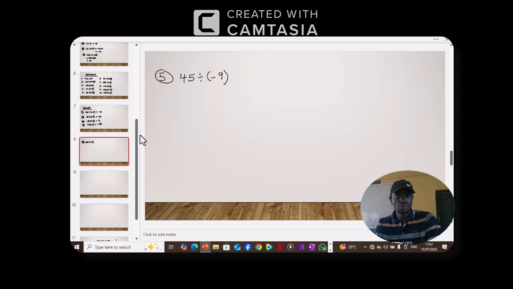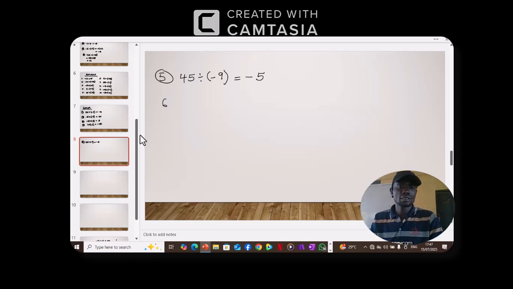Because one is positive and the other is negative, your answer must be negative. Then you say 45 divided by 9 will give you 5, because 9 times 5 will give you 45. So 45 divided by minus 9 will give you minus 5.